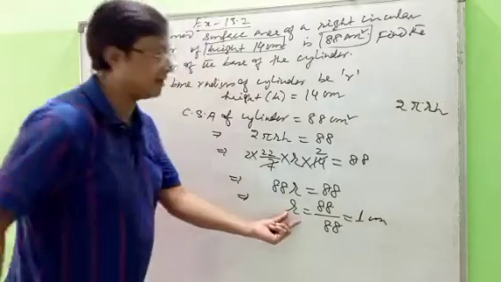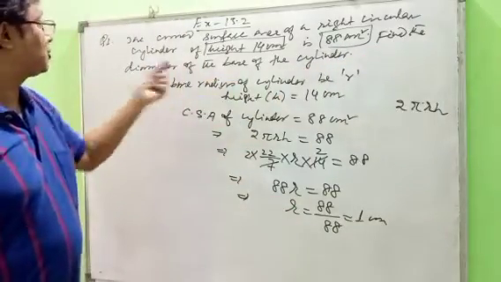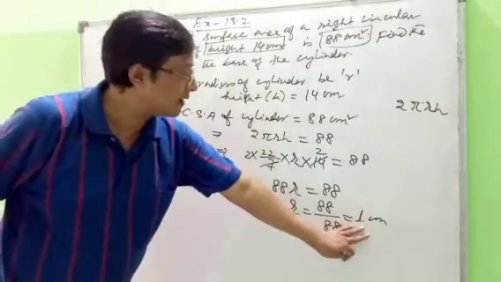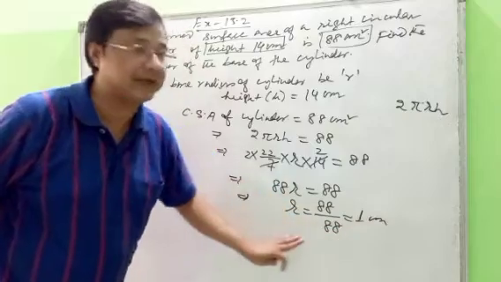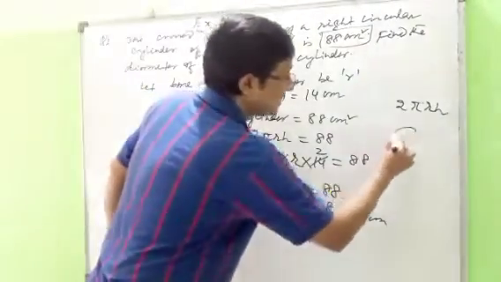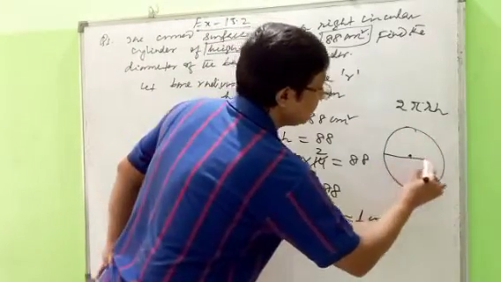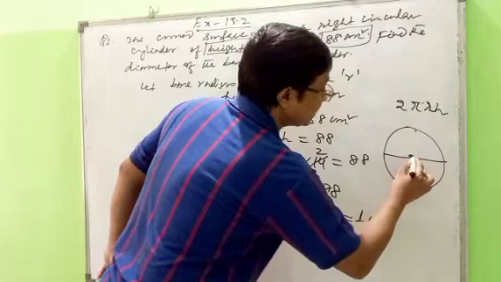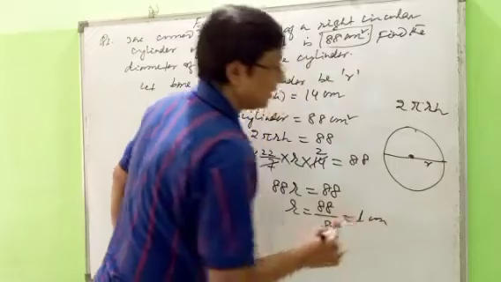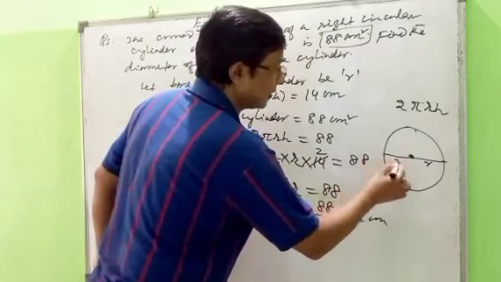This is called the radius. But they have told you to find the diameter of the base. So the radius is 1 centimeter, and the diameter is double the radius. Because this is the circle and this is the center, from the center to a point on the circle is the radius, and again from the center to another point on the circle is the radius.